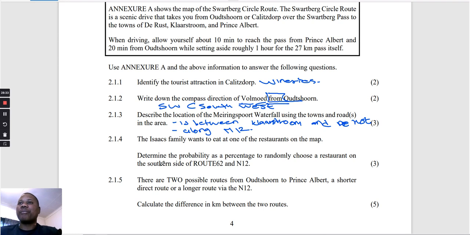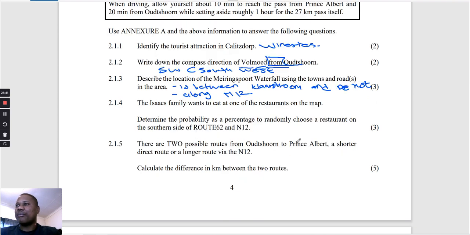Question 2.1.4. The Isaac family wants to eat at one of the restaurants on the map. Determine the probability as a percentage to randomly choose a restaurant on the southern side of roads 62 and N12. How many restaurants are there on the south of road 62 and N12?